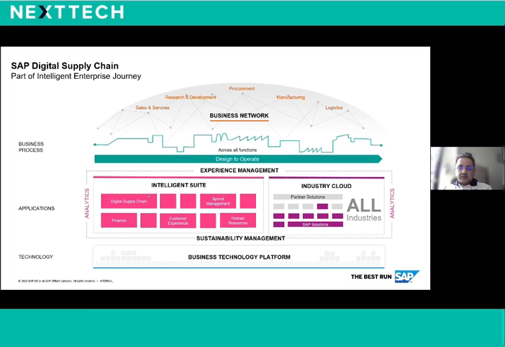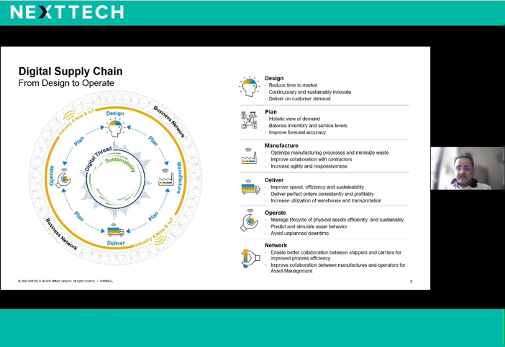If I go to the next slide, talking about supply chain, what we call digital supply chain is beyond just planning and logistics. We are in a connected world. People are connected, and even machines, especially with IoT and today's 5G communication, are communicating.